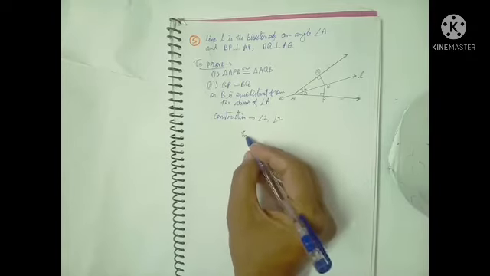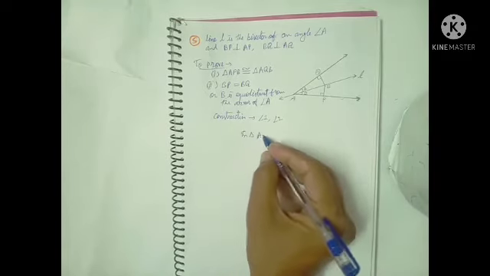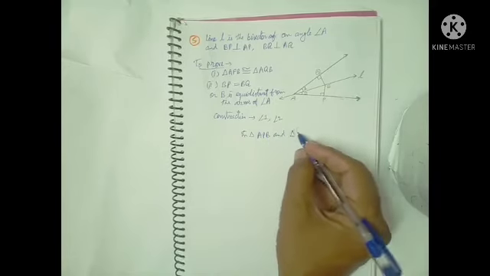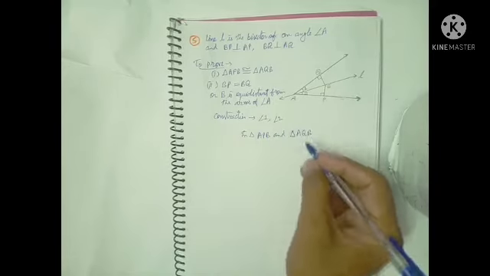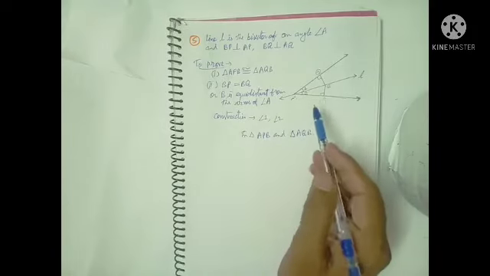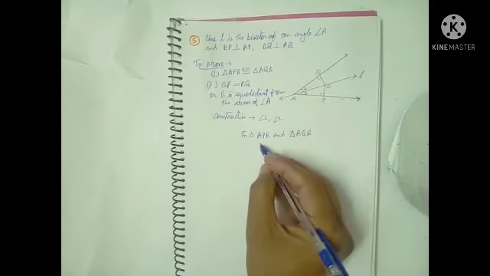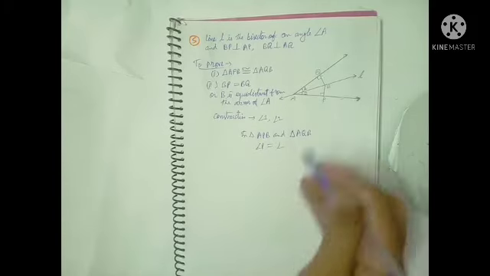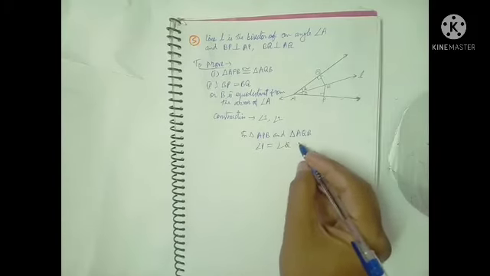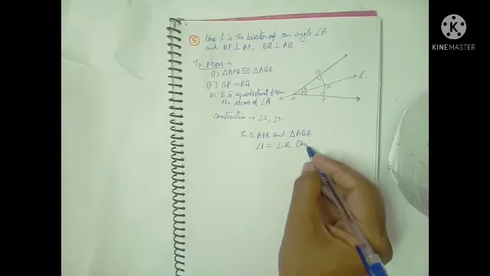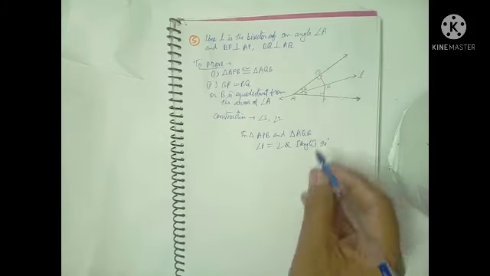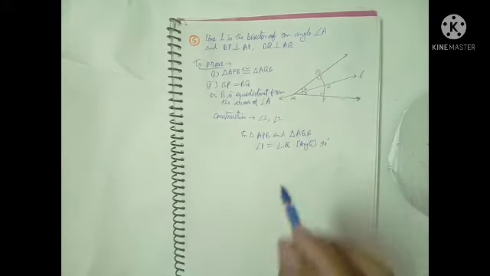In triangle APB and triangle AQB, students, what you can observe here, angle P is equal to angle Q. Why? As 90 degrees, because it is given 90 degrees, see both.